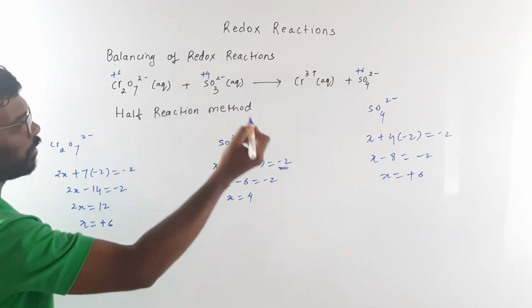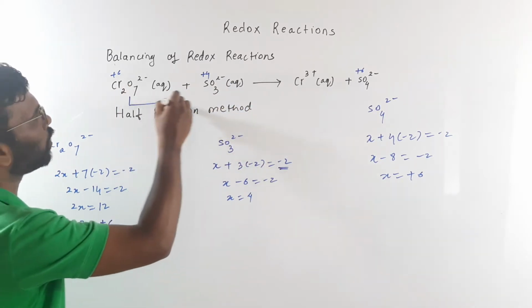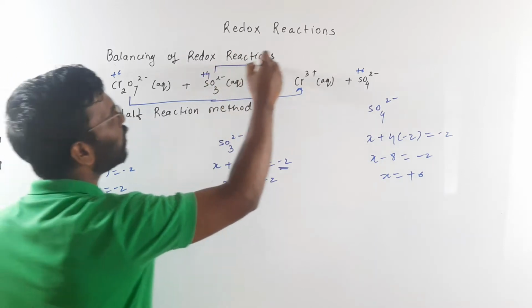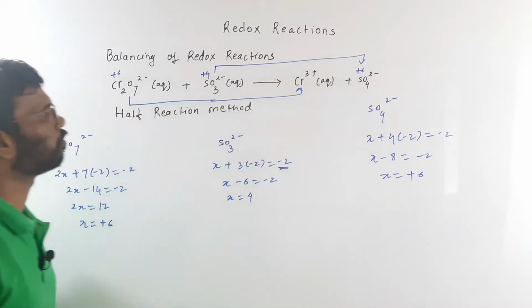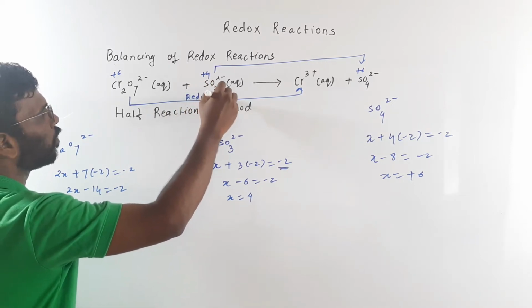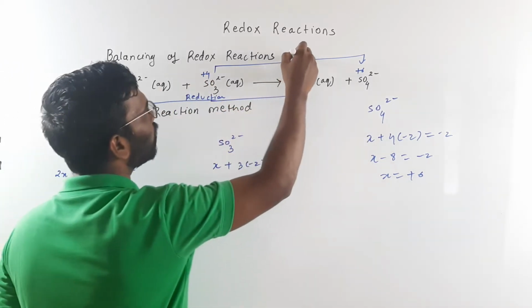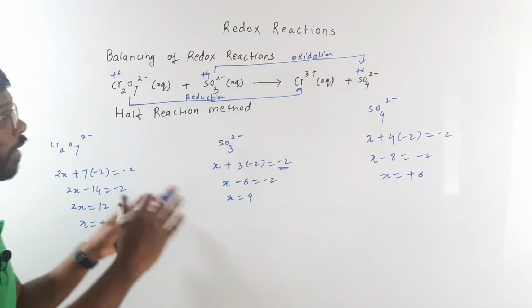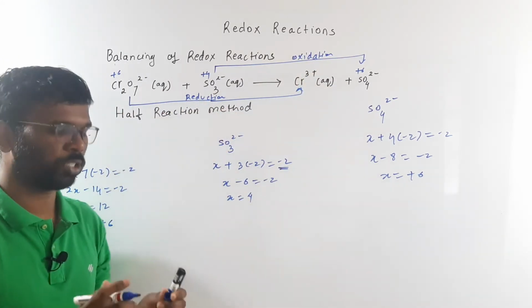There is a reduction of the chromium from plus 6 to plus 3, and this is oxidation. So we are going to write these two reactions separately.